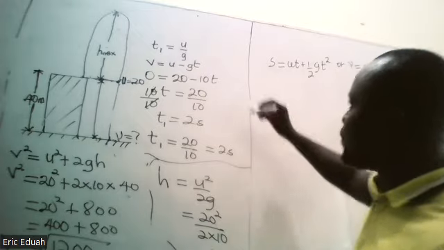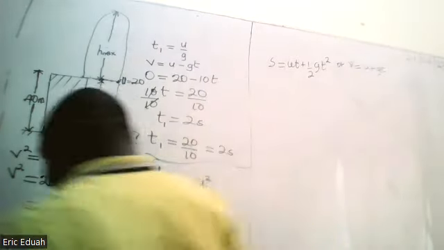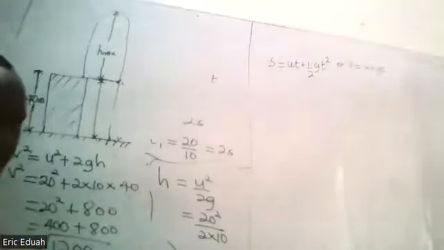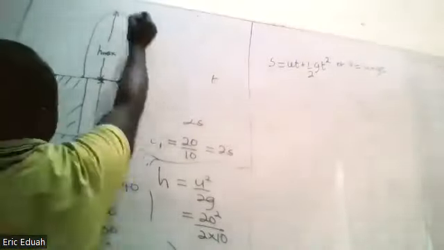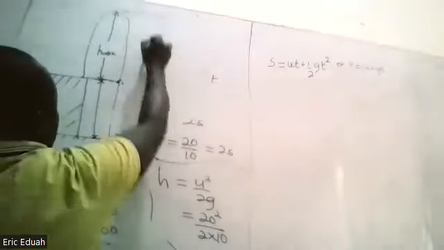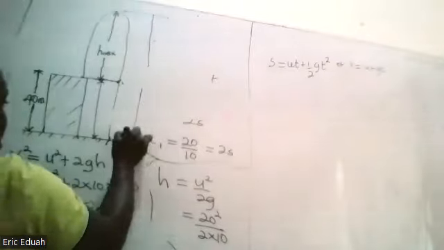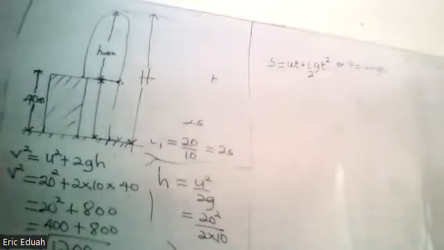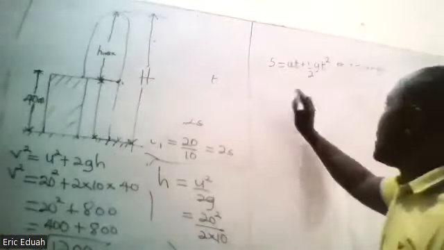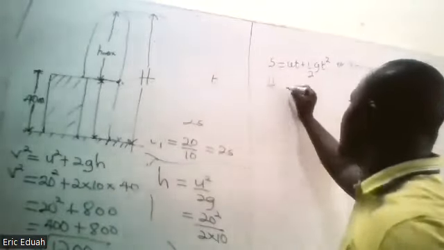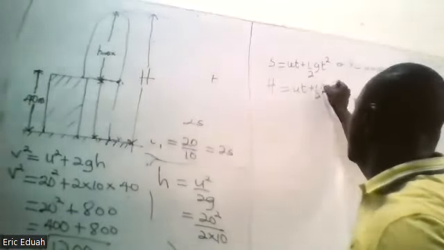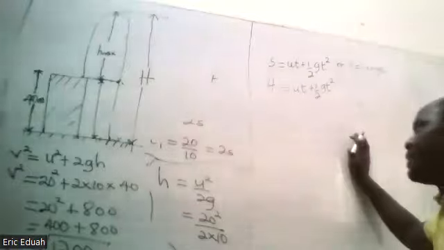Let me clarify. Let me clear this side and call the height from the maximum height to this level capital H. So in our formula, we have capital H is equal to ut plus half gt squared, right?